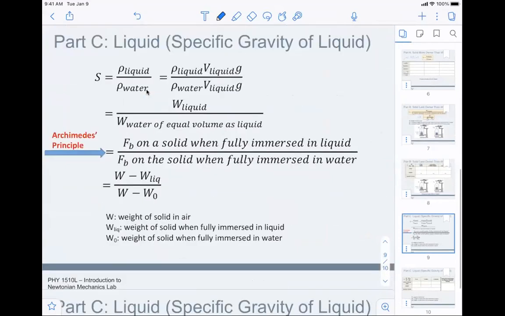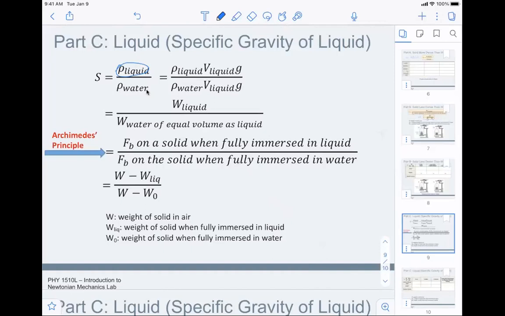So what do we do if we want to measure the specific gravity of the liquid? We cannot put a liquid in water, but instead we can put a solid object in the liquid versus in the water, and they will have different results. Using that, we're able to relate the density of the liquid to the density of the water.